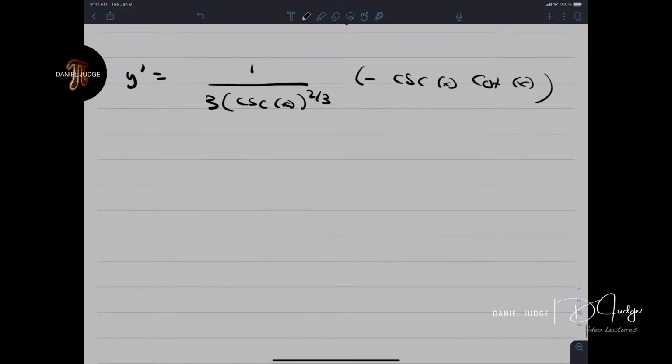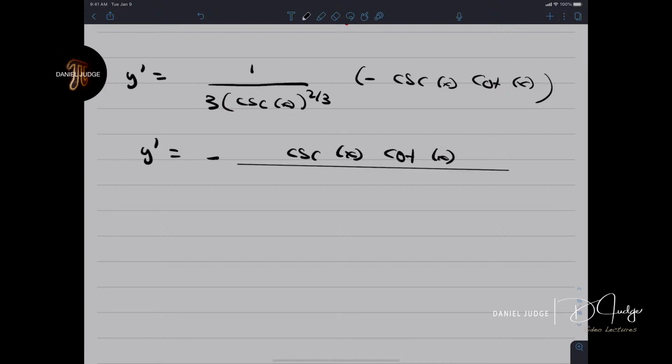So you're taking a fraction times a whole number, which will be minus cosecant cotangent over 3 times the cube root of cosecant squared. And here you go.